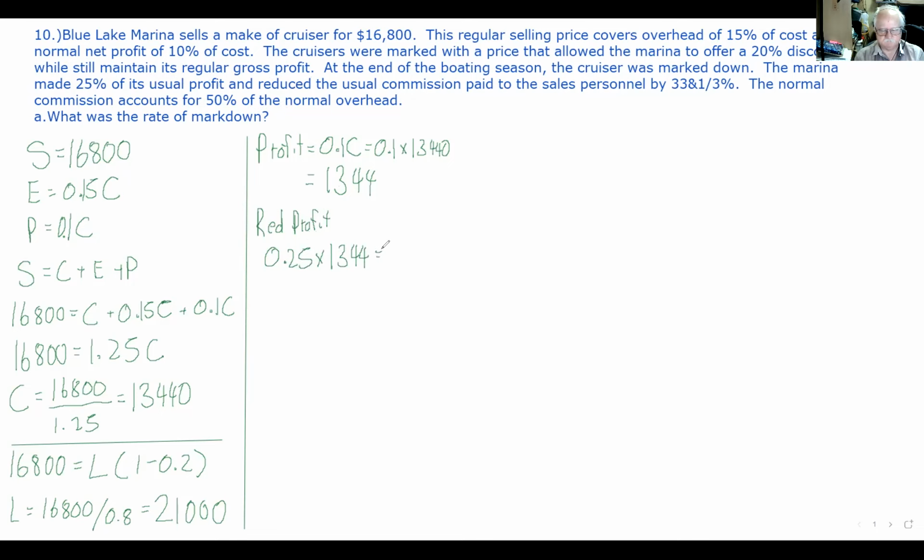What is that? So the reduced profit is 336. So we can make a note that we'll need that number later. And now let's look at the commission.